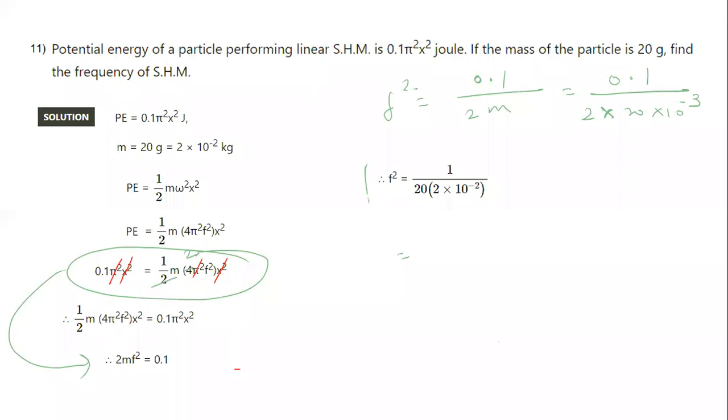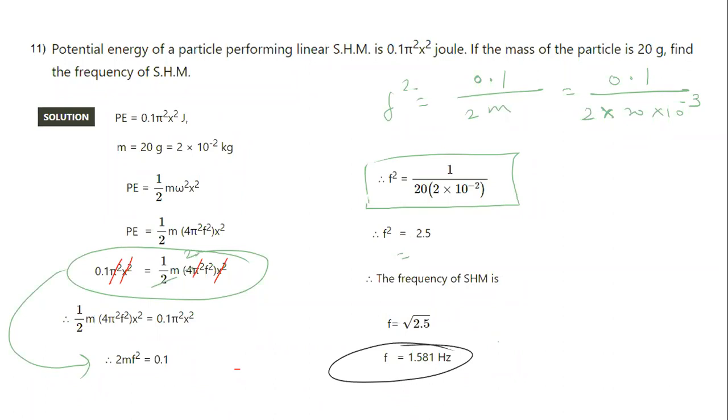So we have to solve this. And after solving this we get f square is 2.5, meaning frequency is root 2.5. Root of 2.5 is coming 1.581. And this is the answer for the frequency.